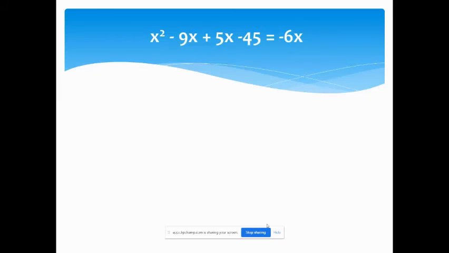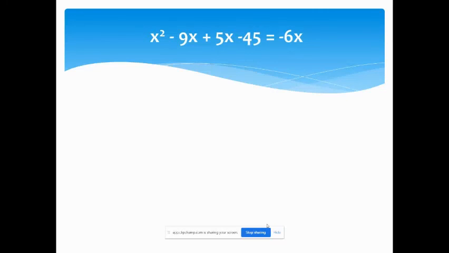Our next step would be combining like terms. We need to simplify the other side of the equation. So we need to find those terms that are the same. X squared doesn't have any terms that are the same, that's why we would be just keeping it as it is. Next is our linear terms, which there are two of them, so we have to combine negative 9x plus 5x.